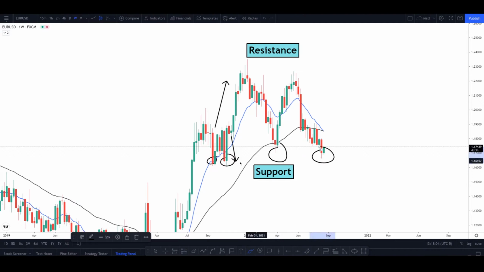A mistake that some traders might make is they might look at, let's say, the highest high that has formed, like right over here, or they might look at two different areas that have been rejected, and they'll take their horizontal line tool and pick a single price point, and they'll say, okay, this is my resistance. Every time this is tested, I'm going to sell.